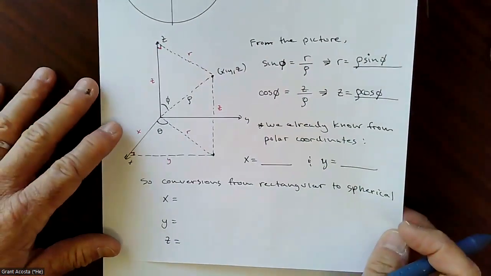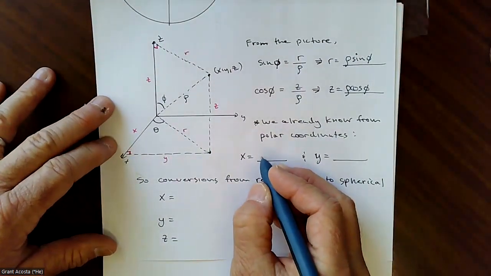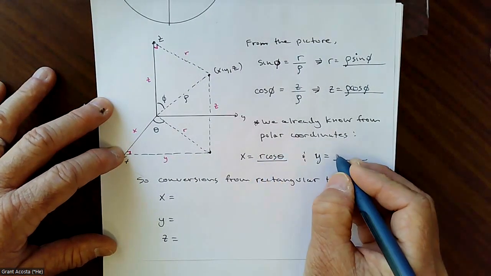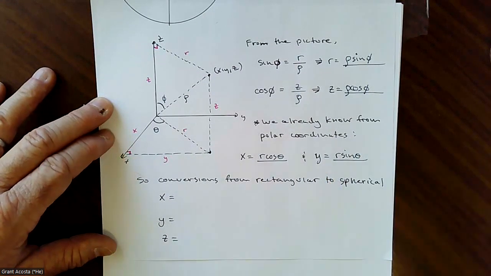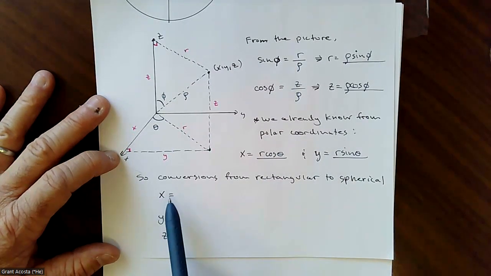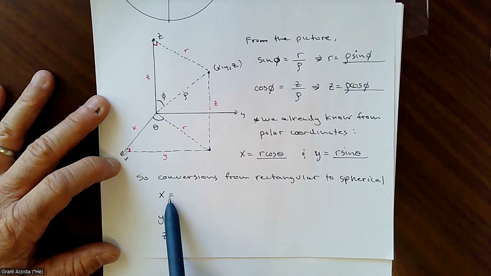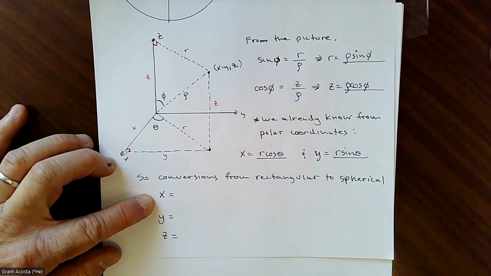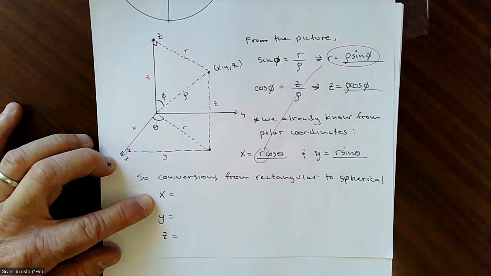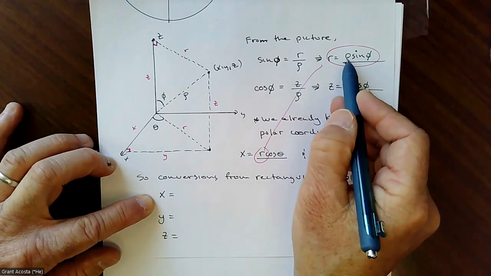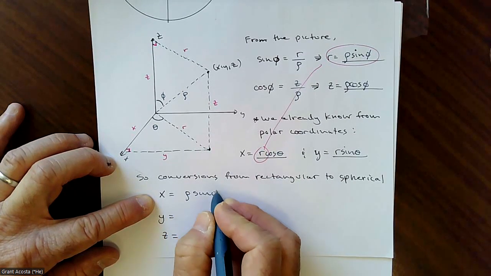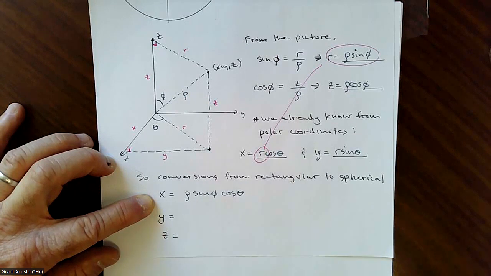We already know from polar coordinates that our conversions for x and y are, for x it's r cosine theta, and for y it's r sine theta. So combining those two, if I want a conversion from x, y, and z into spherical coordinates, I know that x is equal to r cosine theta, but I also know that r is equal to rho sine phi. So if I multiply those together, this will be in for r, x is equal to rho sine phi cosine theta.